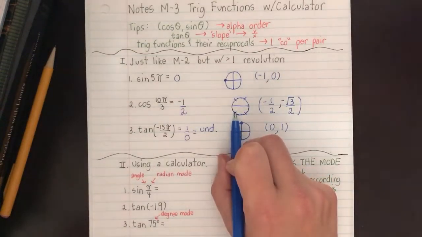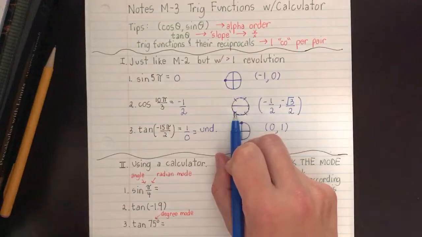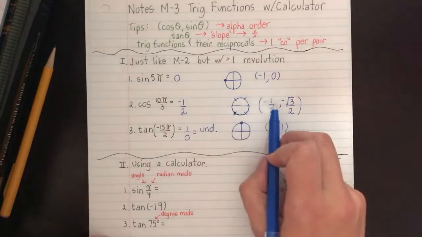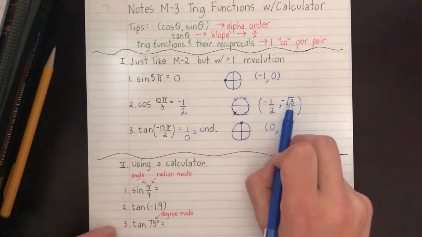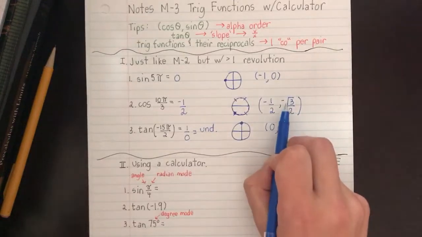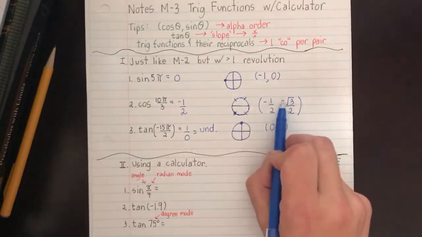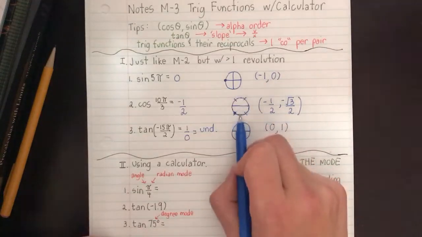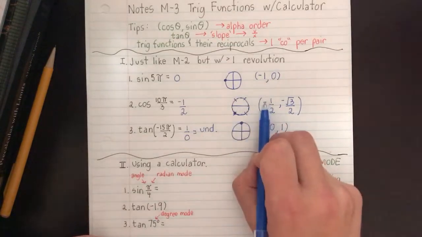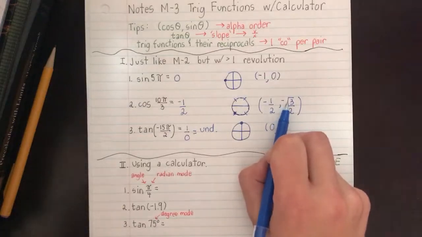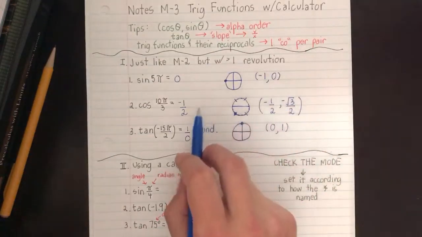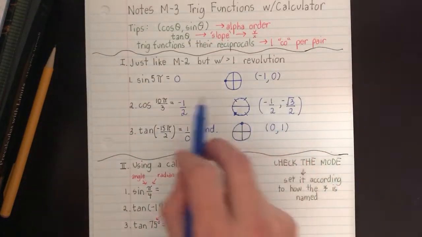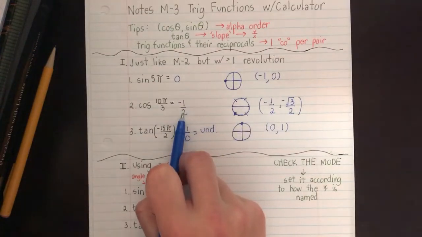Remember, anything with a pi over 3 are flip-flops, so it's going to be 1/2 and square root of 3 over 2, and both the x and y values are negative because we're in quadrant 3. So -1/2, comma, negative square root of 3 over 2. Since cosine deals with x in the unit circle, we're talking -1/2.